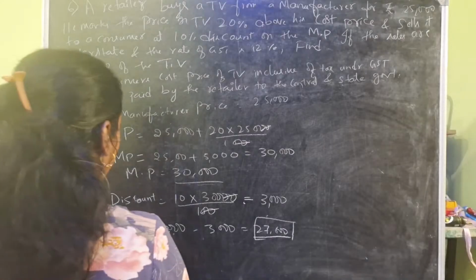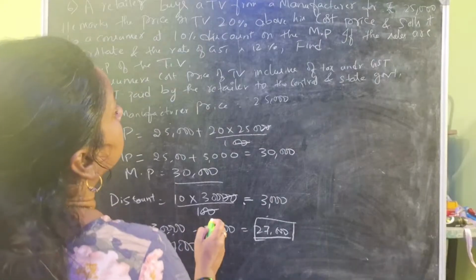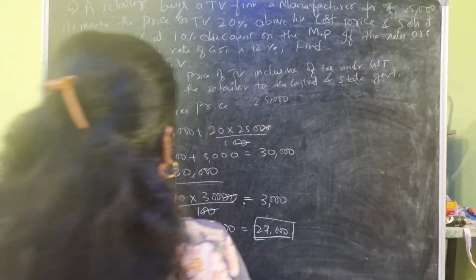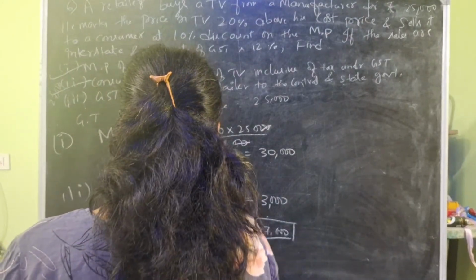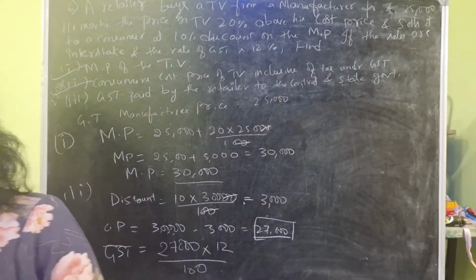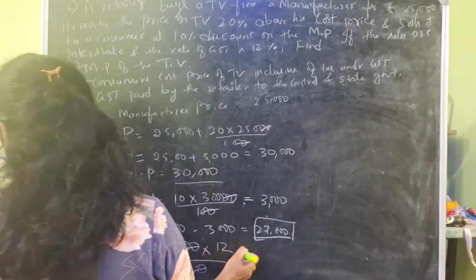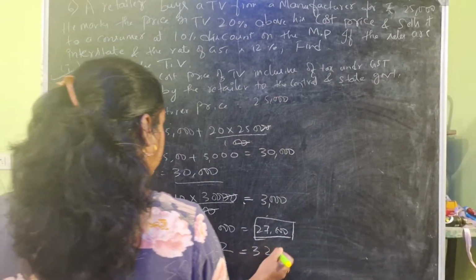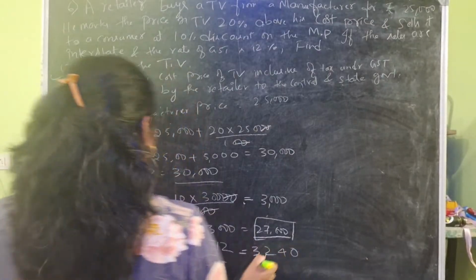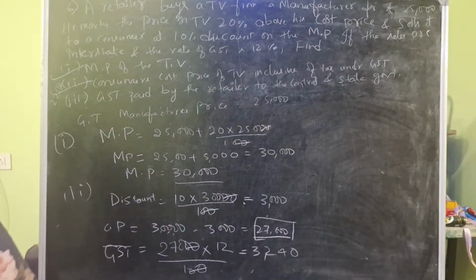GST is equal to 27,000 times the GST rate of 12%, that is 27,000 into 12 divided by 100, which is equal to 3,240. So 3,240 is the GST paid by the consumer.